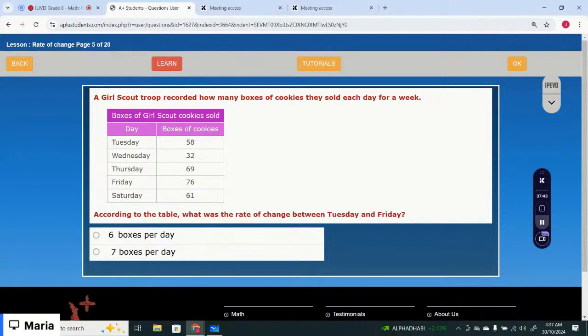So, which is the correct option? The correct option is 6 boxes per day.